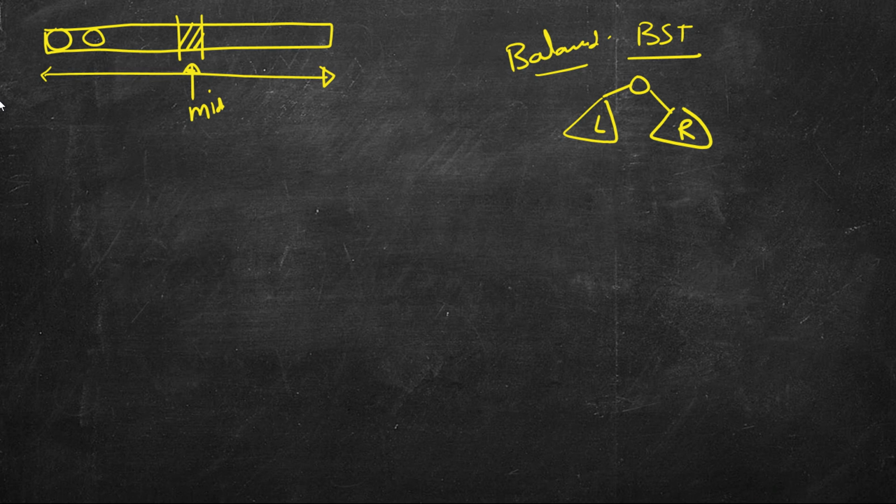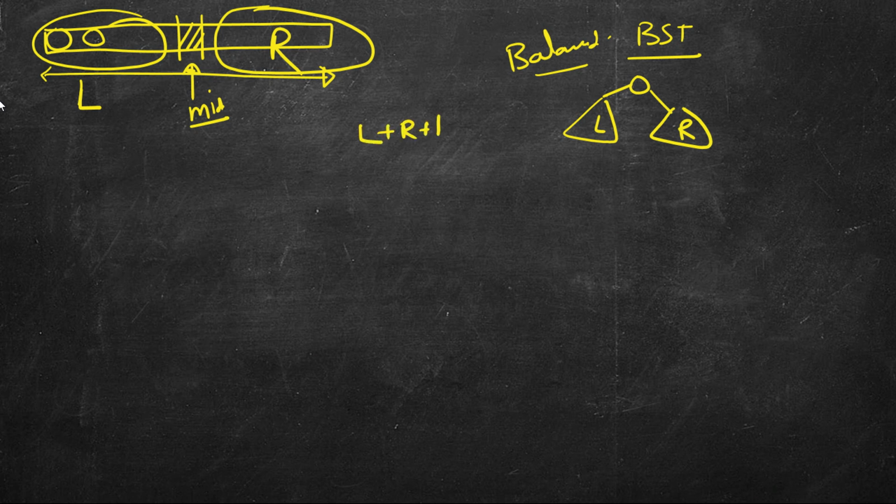So we make this the root, and then we have the remaining elements in the left subtree. So all the L nodes will come here, then the root will come here, then all the nodes of R will come here in this list. So now you see that naturally recursion is coming in. We are breaking the problem into a smaller problem. Earlier we had a bigger list which was L plus R plus 1.